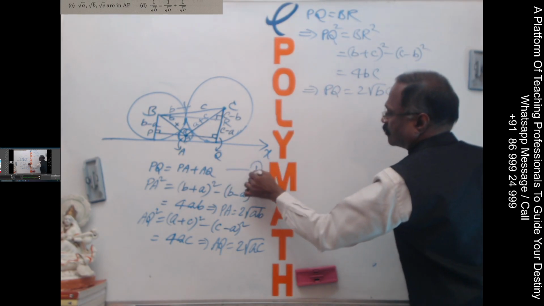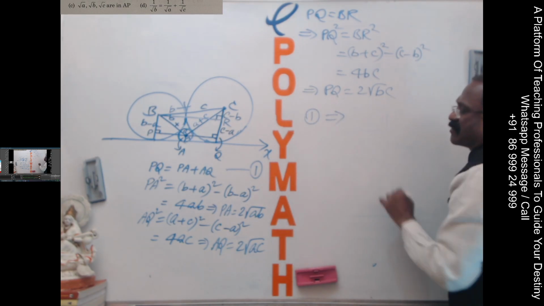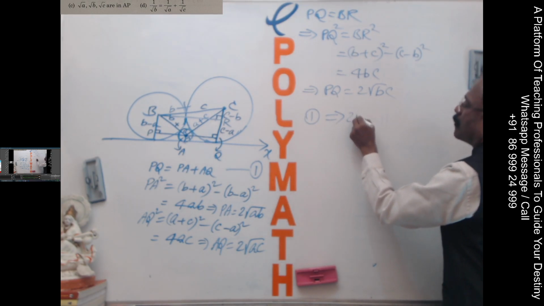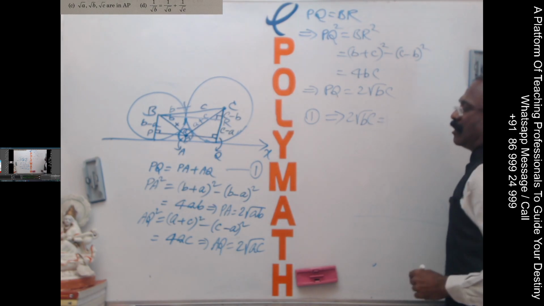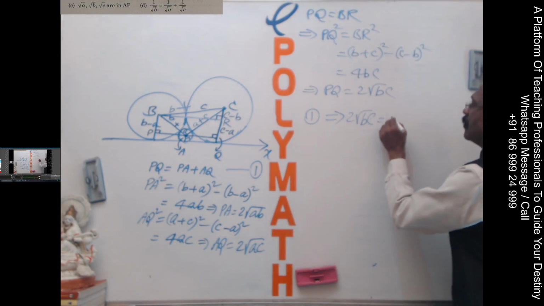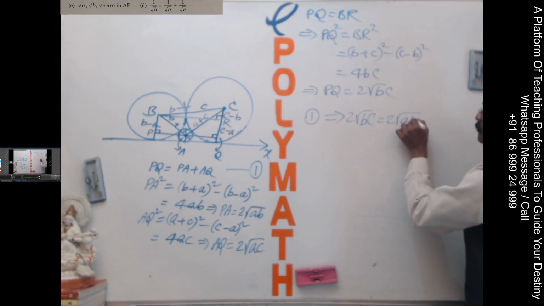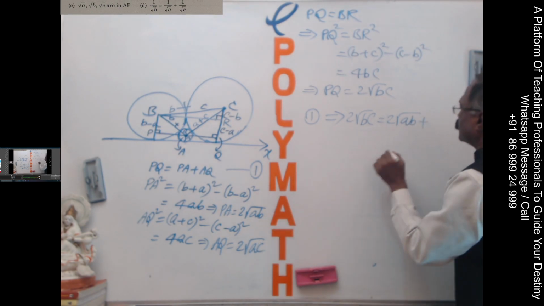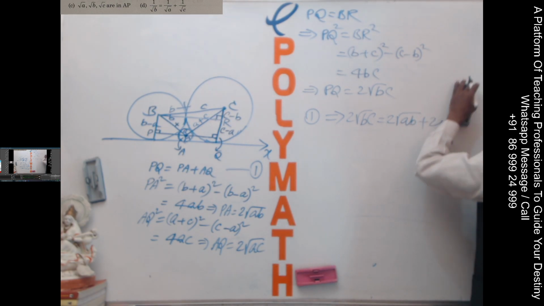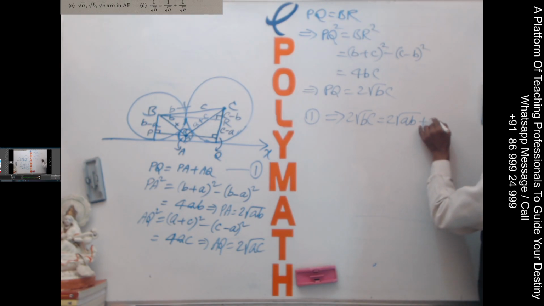Substitute in this one. 1 implies 2 root BC is equal to PA, 2 root AB plus 2 root AC. These two getting cancelled.